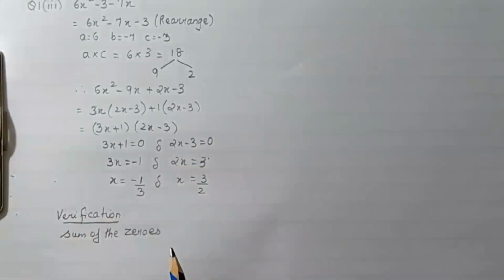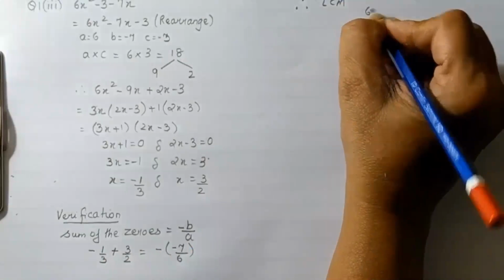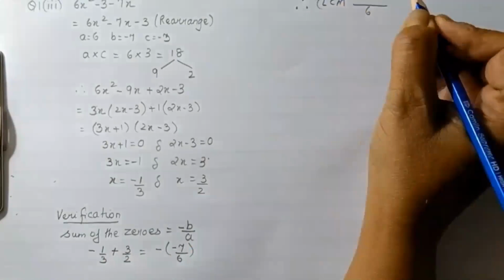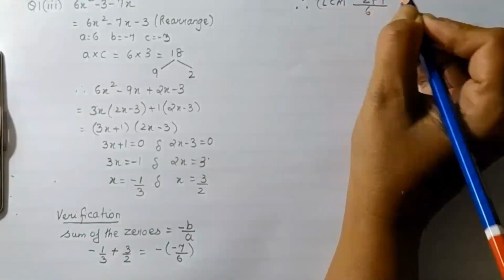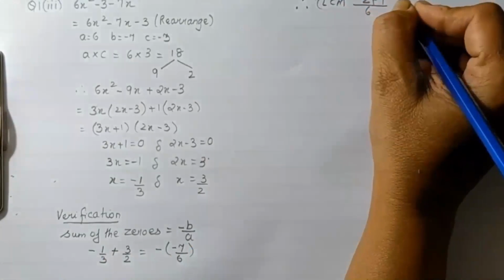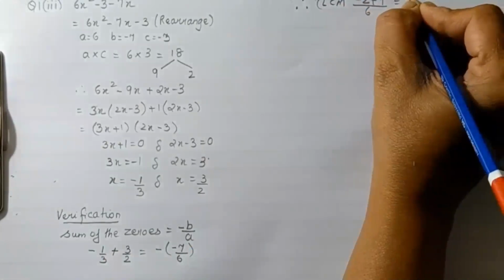Sum of the zeros is minus b upon a. Sum of the zeros is minus 1 upon 3 plus 3 upon 2. We already got the zeros. It is minus of minus 7 upon 6, which is equal to plus 7 upon 6. Let us take the LCM. LCM is 6. So minus 1 into 2 is minus 2, plus 3 into 3 is 9.